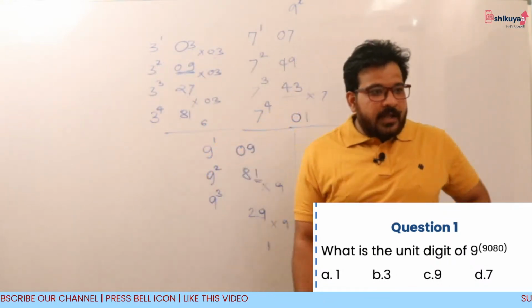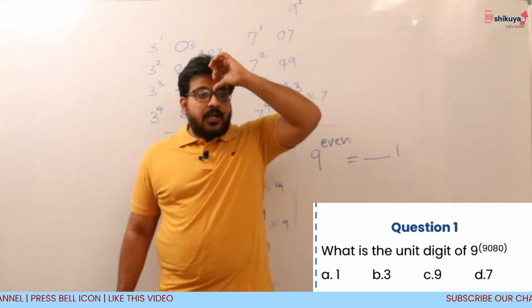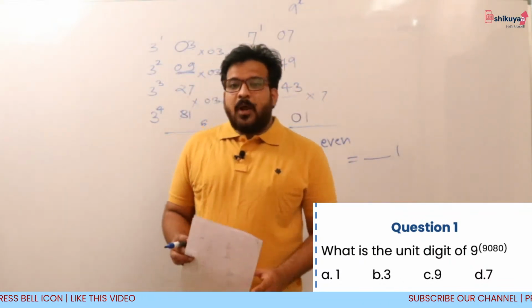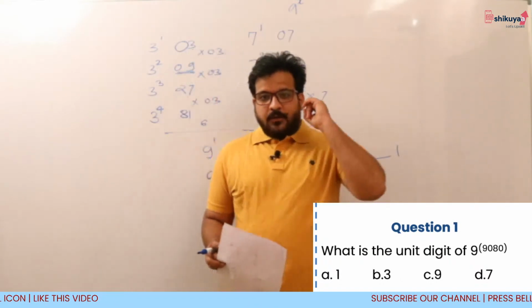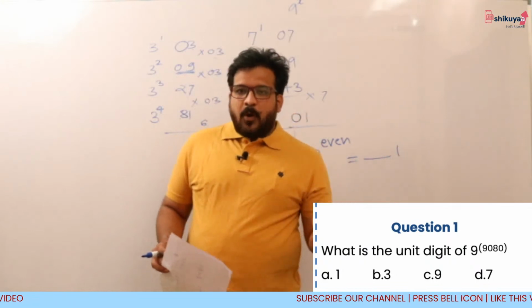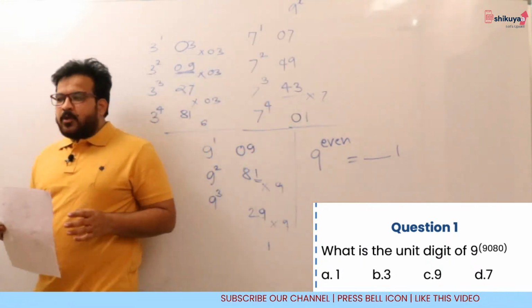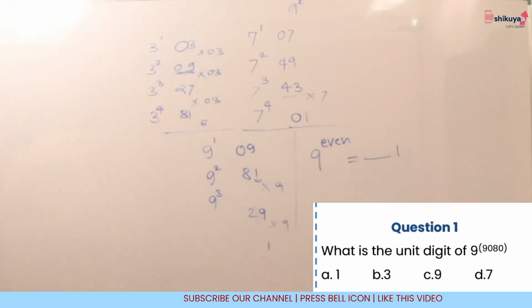Yes sir, we are getting it. Virashri, thank you so much. Jyoti, good. Those who have understood that the fourth power of 3 always ends in 1 and the fourth power of 7 ends in 1, just type 1.